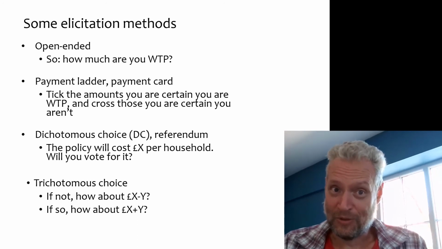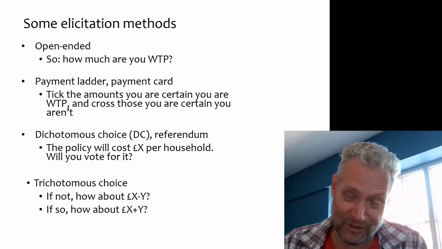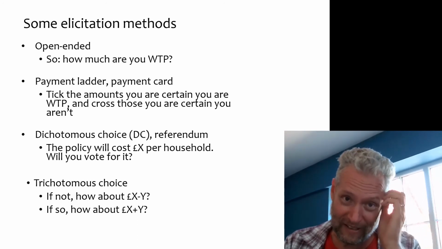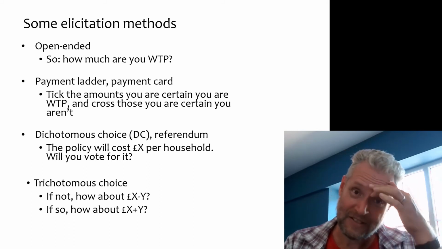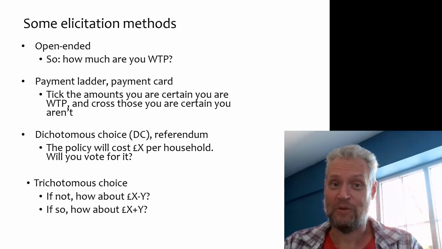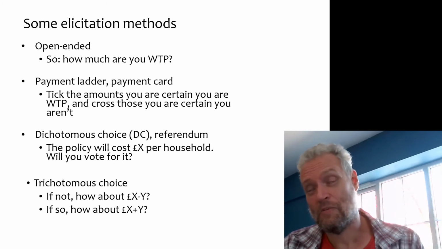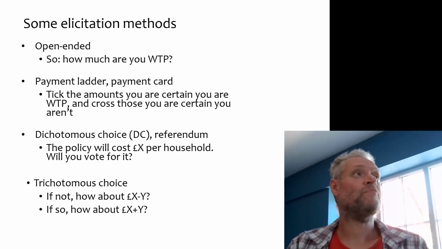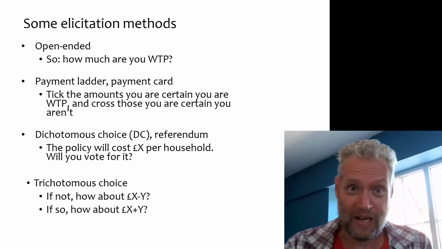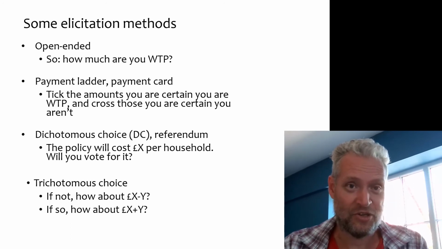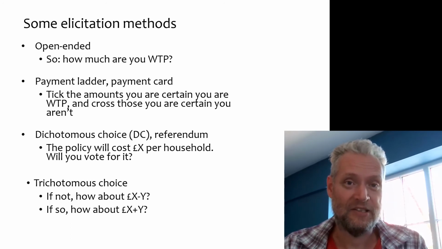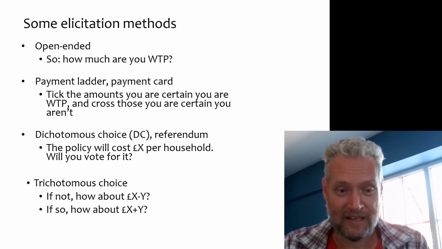But the problem is, of course, that first you need to vary that number, right, to get information. Some people you ask about £10, some people you ask about £15, other people you ask about £5. You need to ask a lot of these questions to get to a reasonably accurate result.